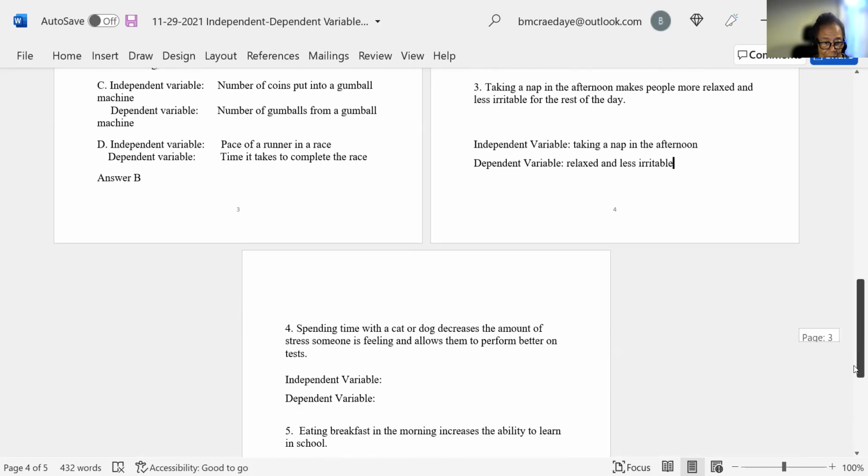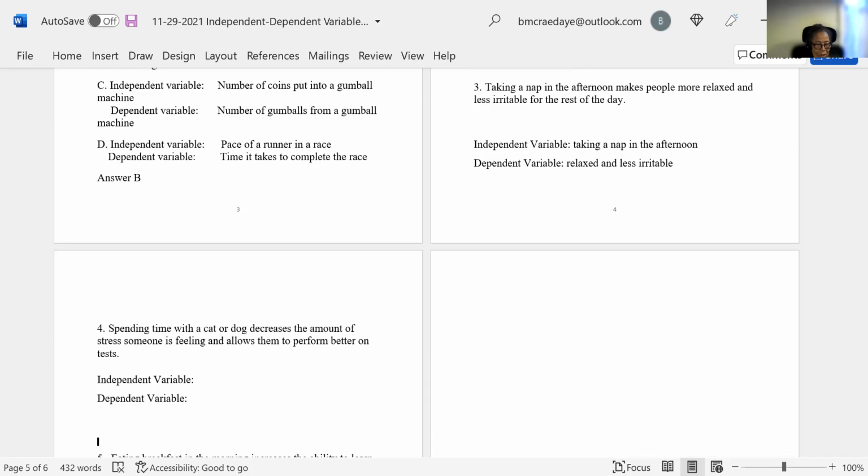All right, let's look at number 4. I think we have maybe 2 more. So what would you say about number 4, Maureen? When you're spending more time with the cat and the dog, it decreases the amount of stress. So which one is the independent? When you're with the cat and the dog, it decreases the amount of stress.